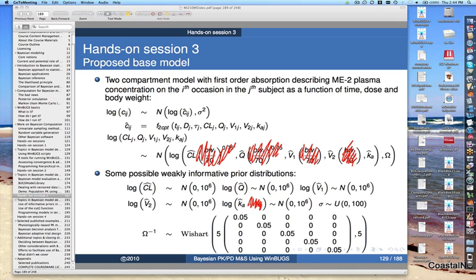And the reason it can't be estimated here is because all of my doses in this are oral doses. If I had some intravenous doses, then yes, if I had both intravenous and oral, then I would be able to come up with estimates of F1.